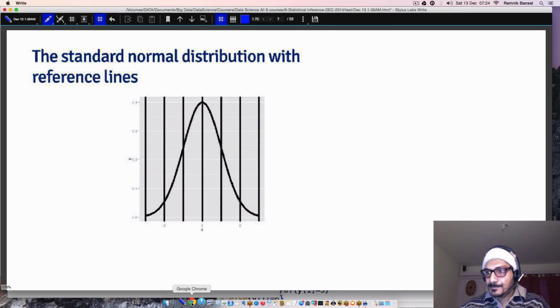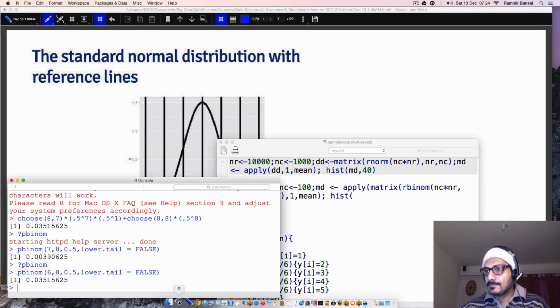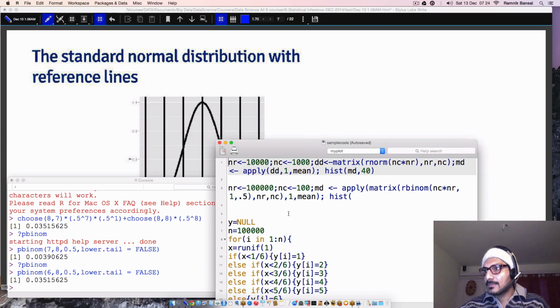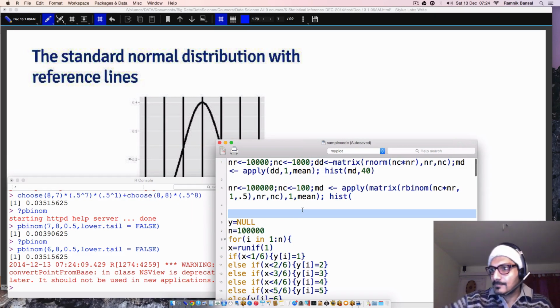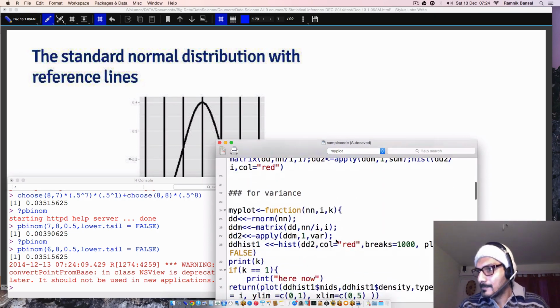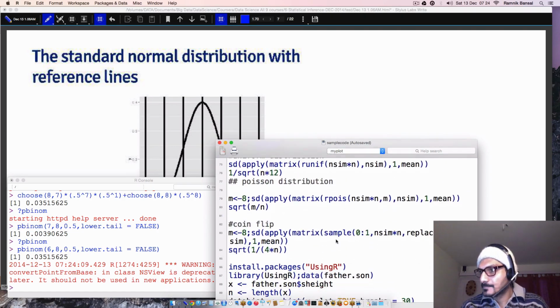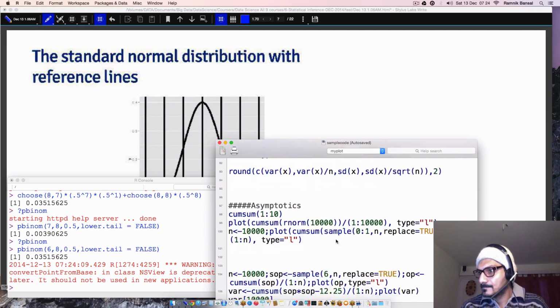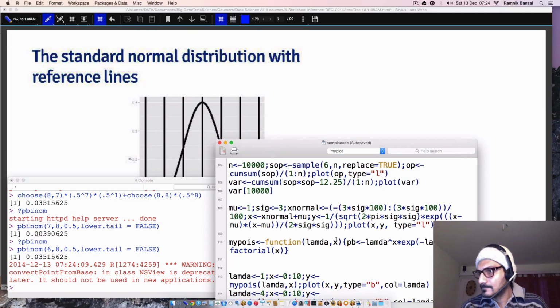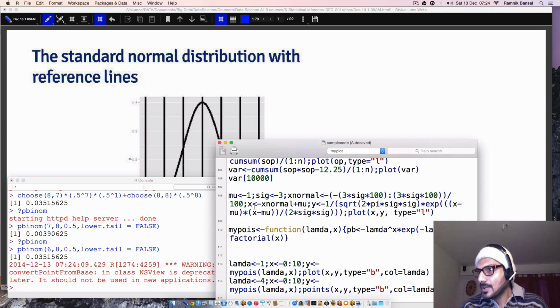What I'm doing is, let's come to R. So what I've done is I've written actually the same equation here. The only trick here is that I'll change my mu and sigma, and we'll see how the graph changes.